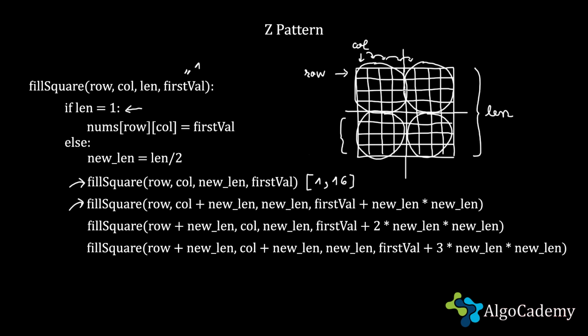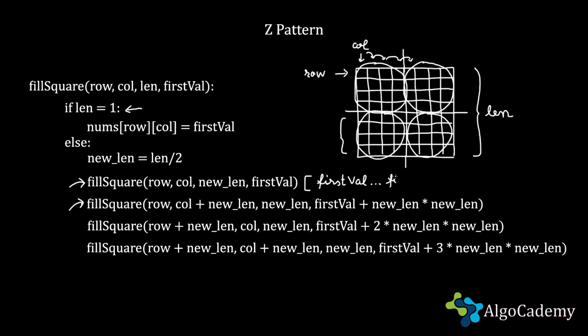In the general case, of course, this is not always 1, and this is not always 16. But the first value that's gonna appear in this first quadrant is, of course, first val. That we know for sure. Alright. And the last value, what's it gonna be? Well, it is the formula that we have just said.